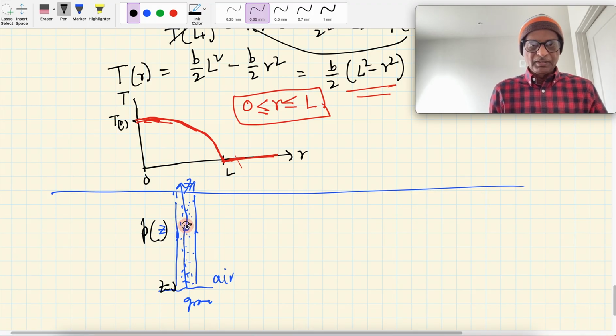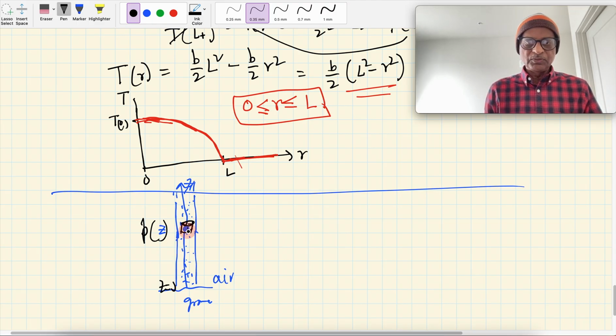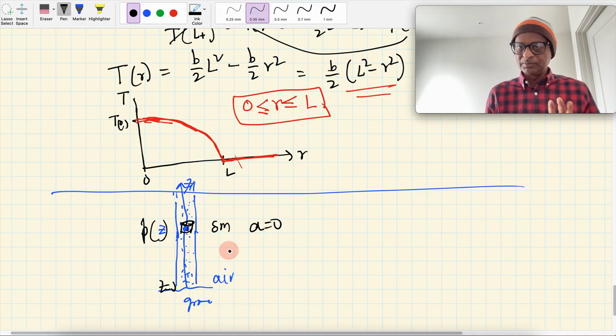How do you know that? Well, you can take a small element, and this is the delta m, and acceleration is 0 now. So the forces will have to balance here, right? So on top, the pressure is at z plus dz.